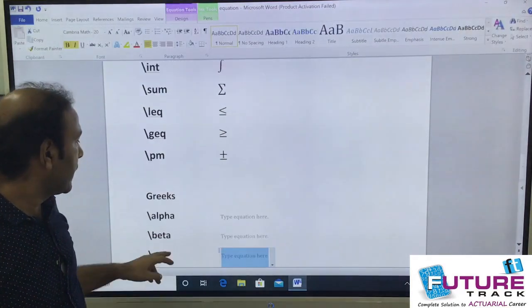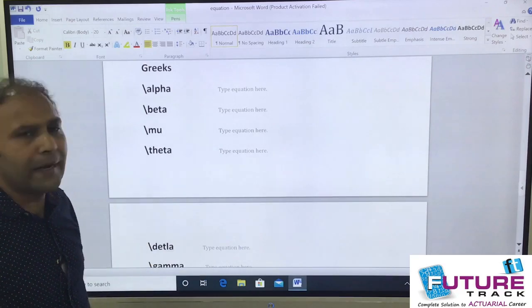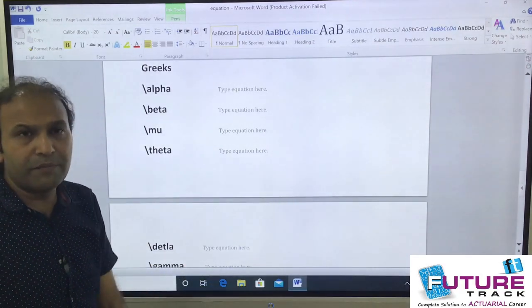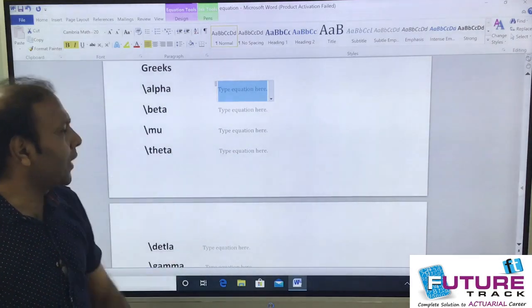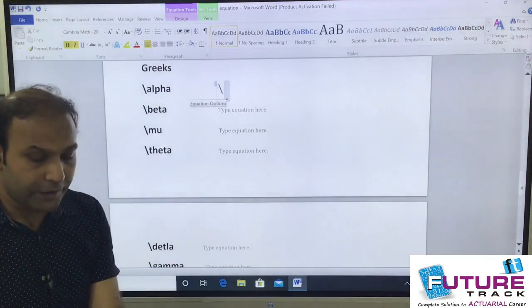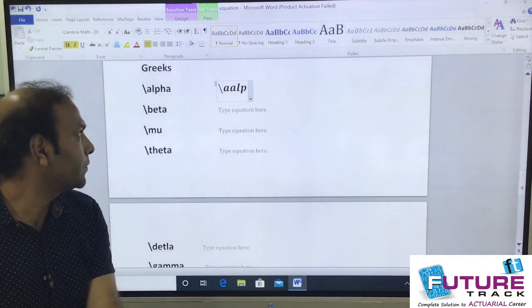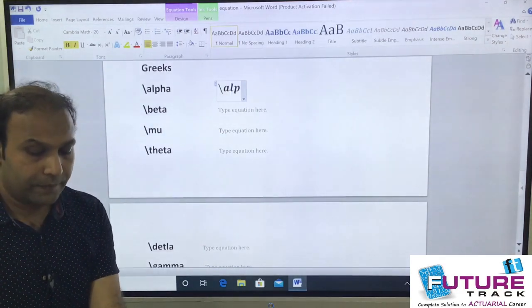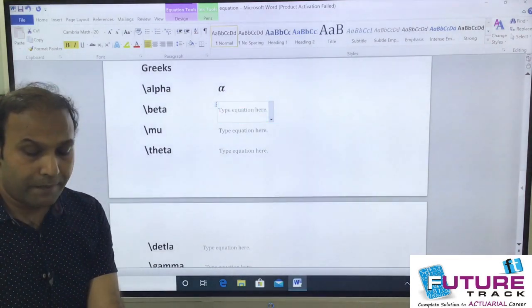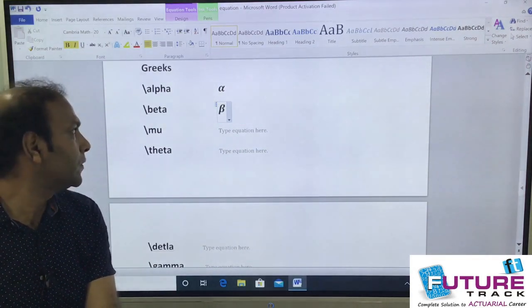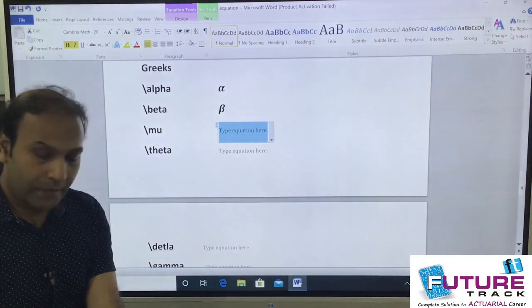Similarly, I'll tell you the Greek letters, especially for people who are writing CS1 and CM2, you require a lot. If you want to write alpha, backslash, the name of the symbol, alpha, space bar. You want to write beta, backslash beta. In short, backslash and the name of the notation, you get it.